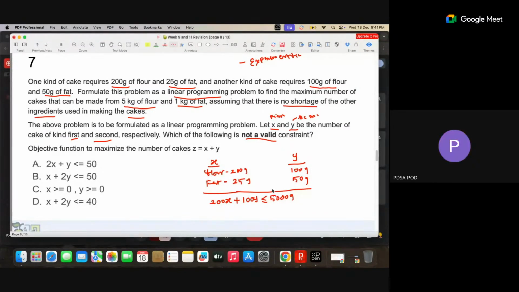We convert the 5 kg into grams. This is the flour constraint.